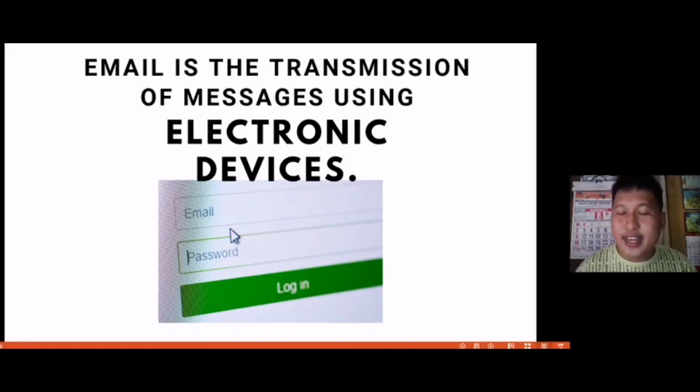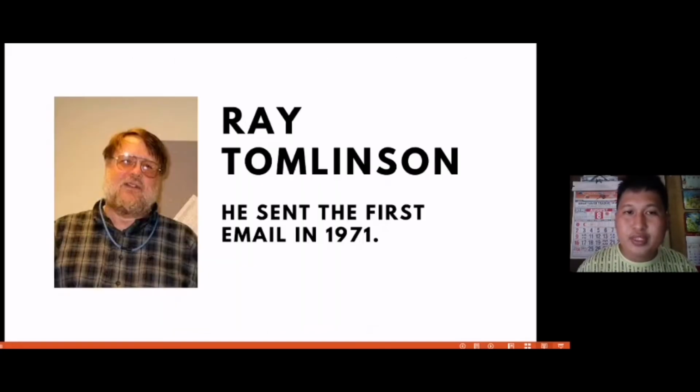Now here's a trivia about email. You see on the screen the picture of Ray Tomlinson. Who is Ray Tomlinson? He sent the first email in 1971. How did the process become possible?